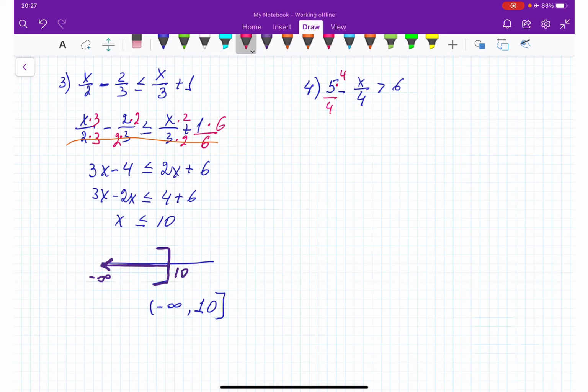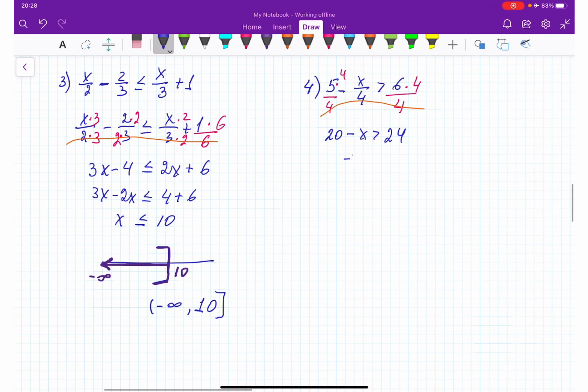So 4, 4, 4. We drop it and we get 5 times 4 is 20 minus x greater than 6 times 4 is 24. All right, so negative x is greater than 24 minus 20.